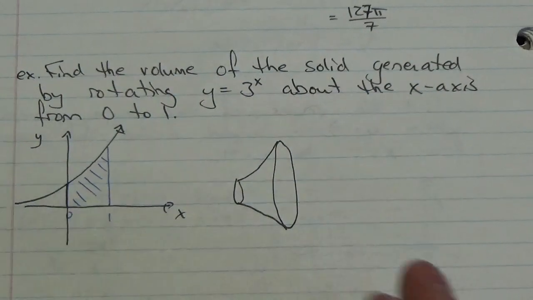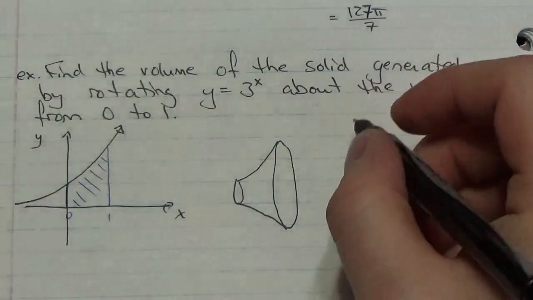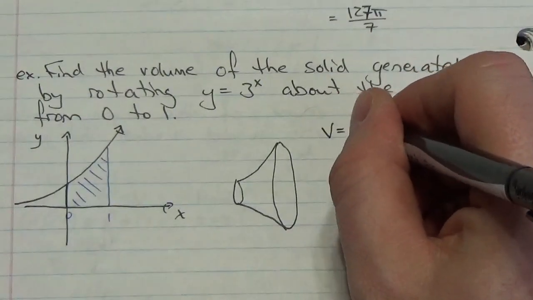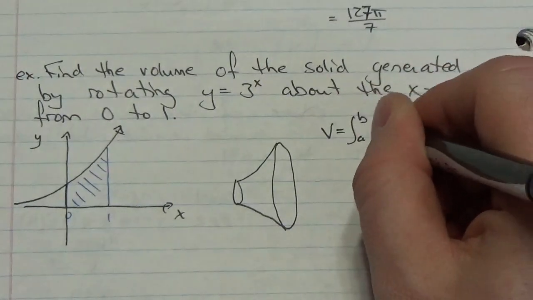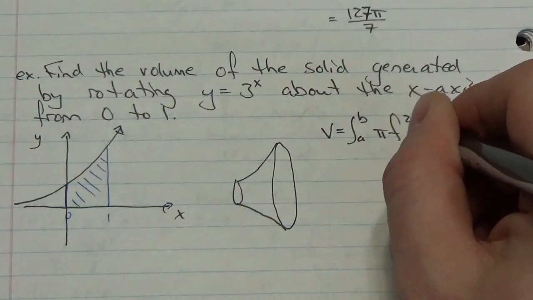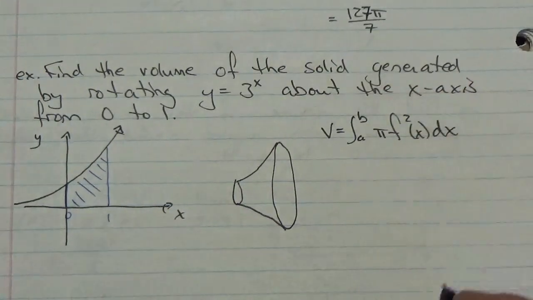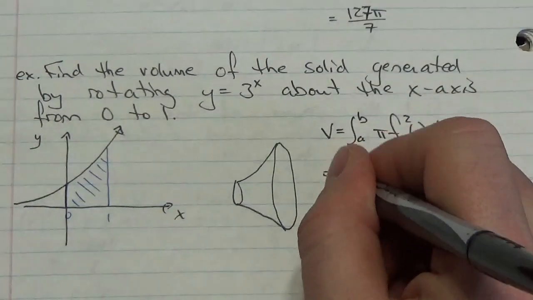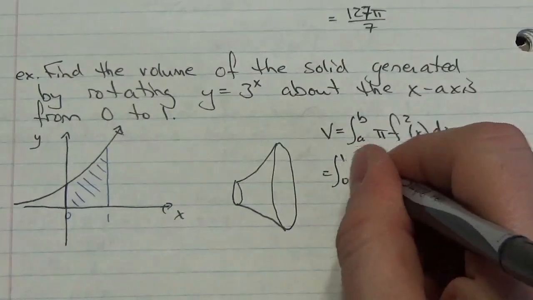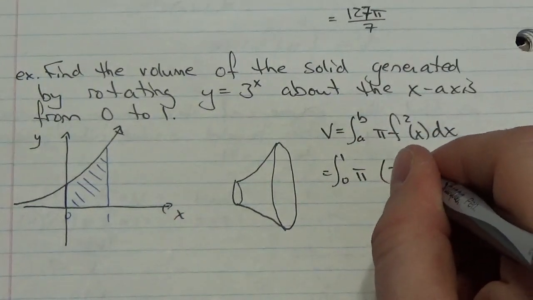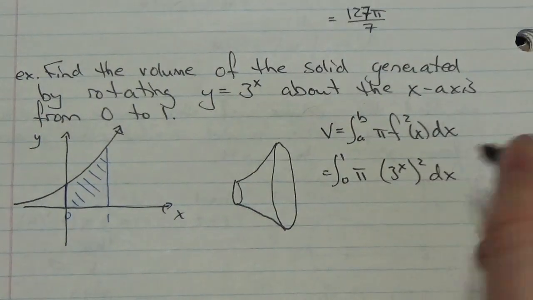That's okay, but that's really the reason why we're taking a look at this right now. So my volume here is going to be the integral from a to b of pi times the value of the function squared dx. So this will be from 0 to 1 of pi times 3 to the x squared dx.